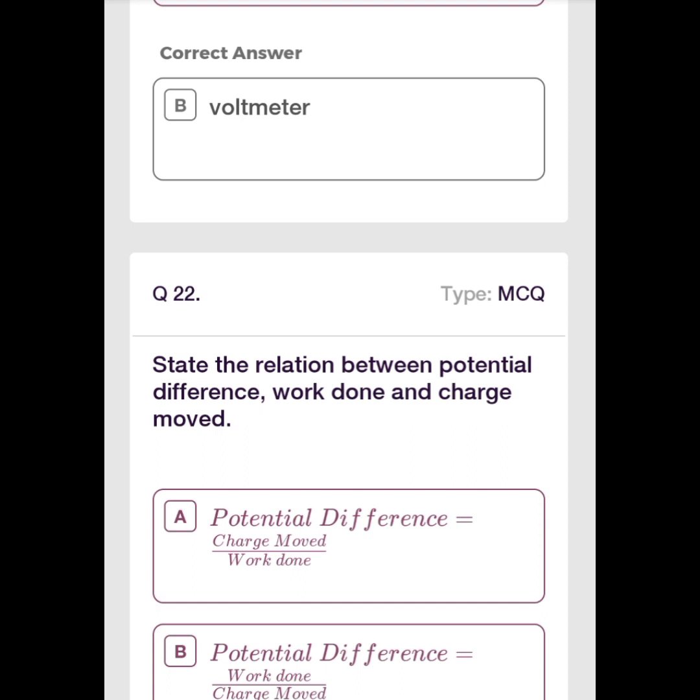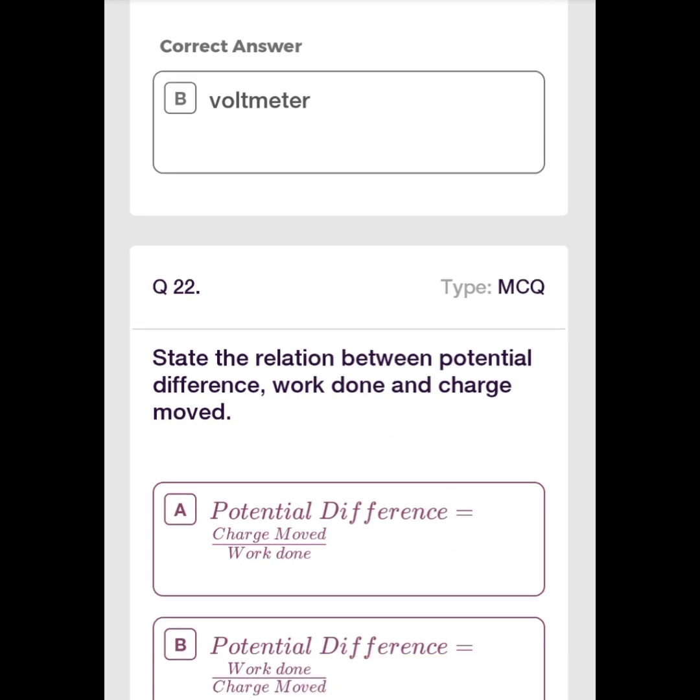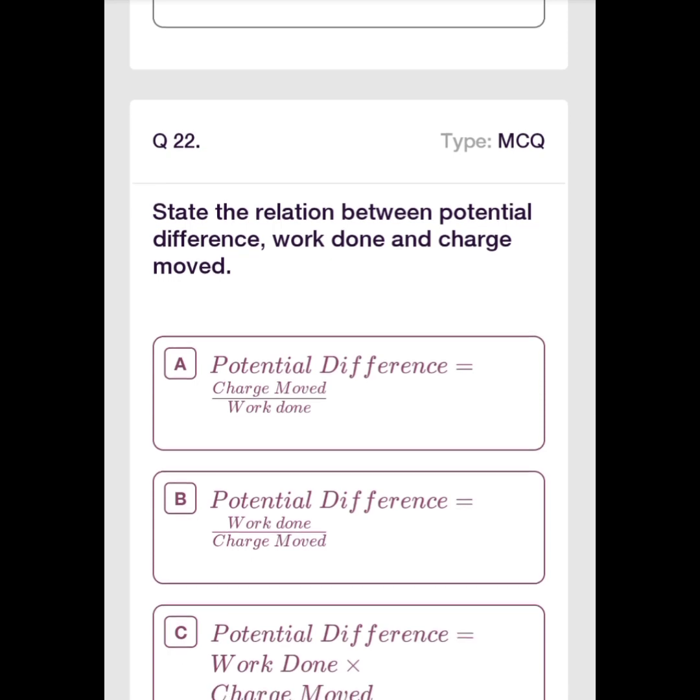22nd question. State the relation between potential difference, work done, and charge. We have already seen this n number of times. V is equal to W by Q. Which expression resembles this? First option, potential difference is equal to charge by work done.